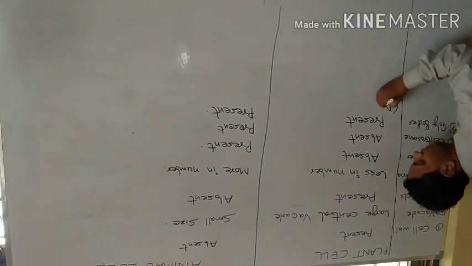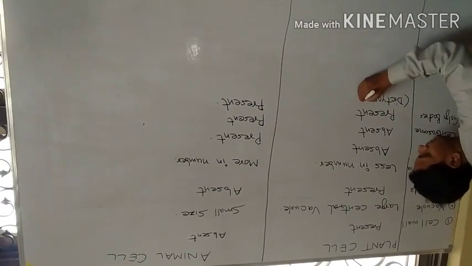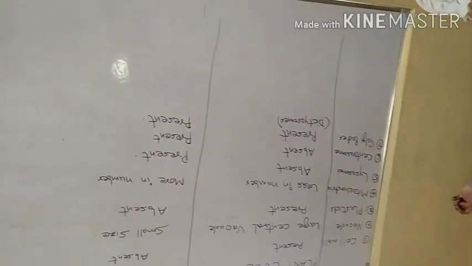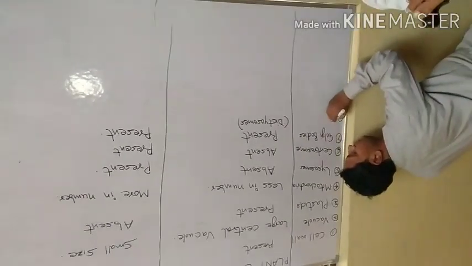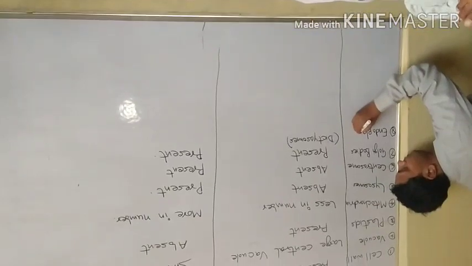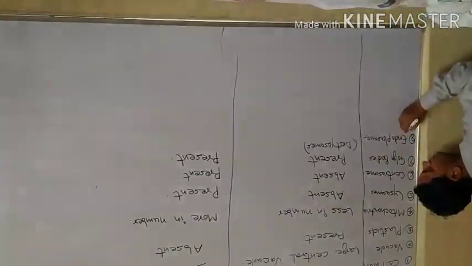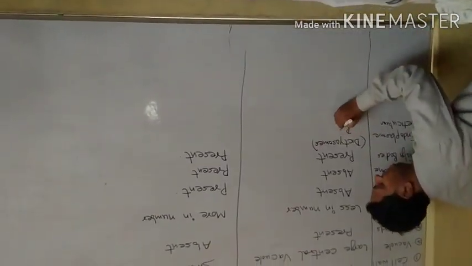Here we will write dictyosomes. So Golgi body is there, centrosome is there. Endoplasmic reticulum is present in both the cells.